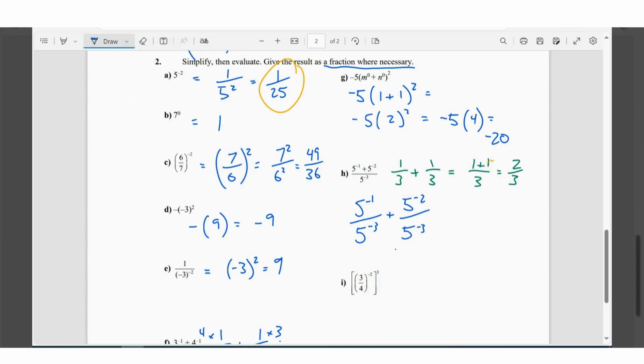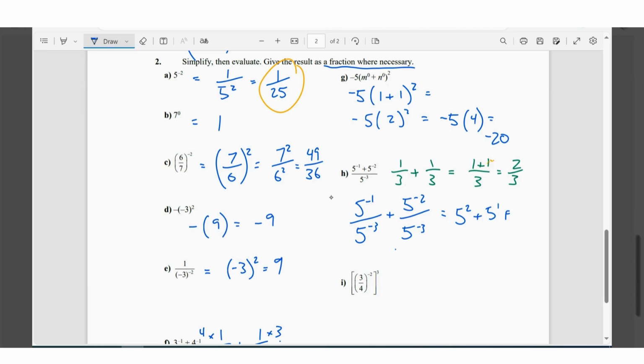So now we have a 5 to the negative 1 divided by 5 to the negative 3. So if we have negative 1 subtract negative 3, remember that's like adding a positive, we end up with 5 squared plus 5 to the negative 2 subtract negative 3. So negative 2 subtract negative 3 is going to give us a 5 to the positive 1.